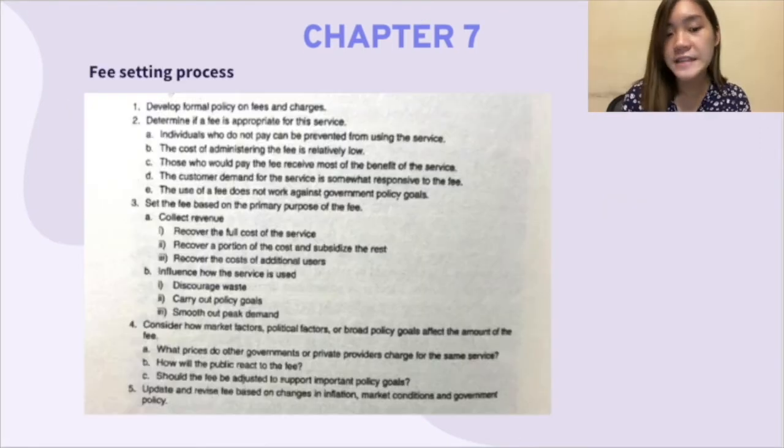Other important aspects we need to consider is how other factors affect the amount of the fee. In some cases, a fee may be set too high in an attempt to generate more revenue, but it is important to realize that increasing the fee would not necessarily increase the revenue, but sometimes could also decrease the revenues, because the citizens sometimes are not willing to pay higher than the original amount.